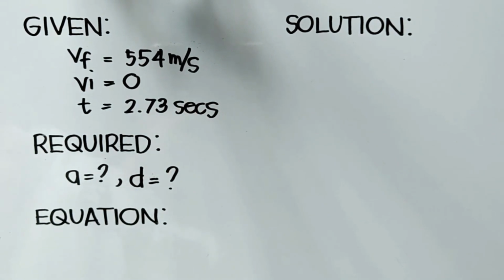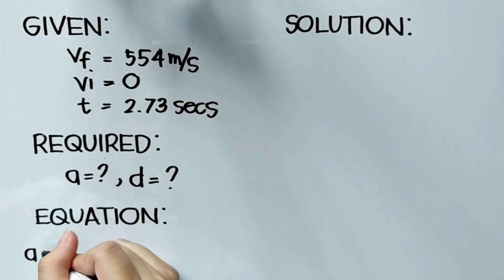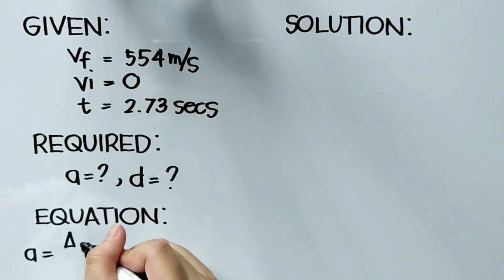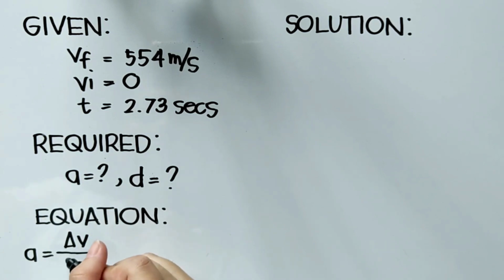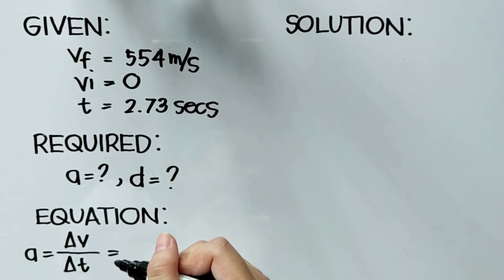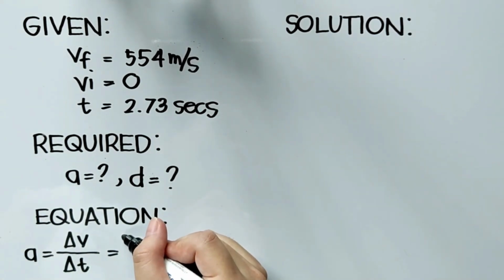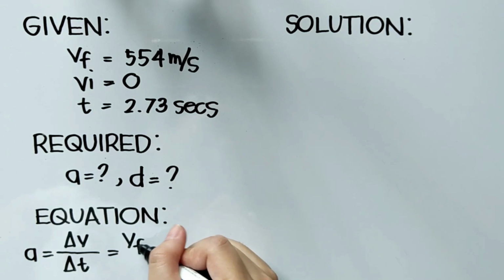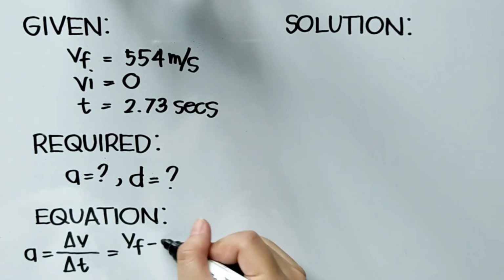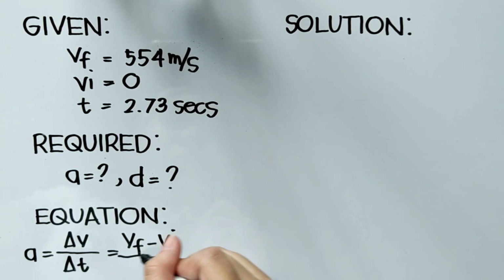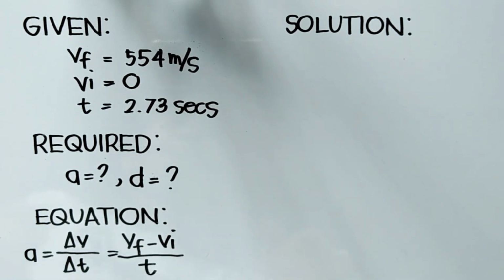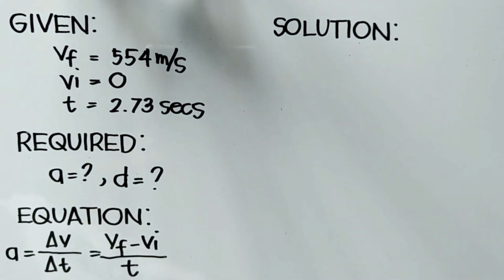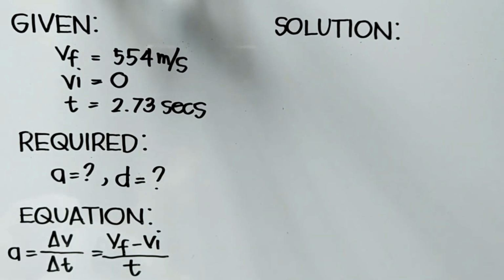Since we already have a given speed and time, we can use the formula a equals delta v over delta t, which is the final velocity minus the initial velocity divided by time. With this equation, we just have to input our given values.